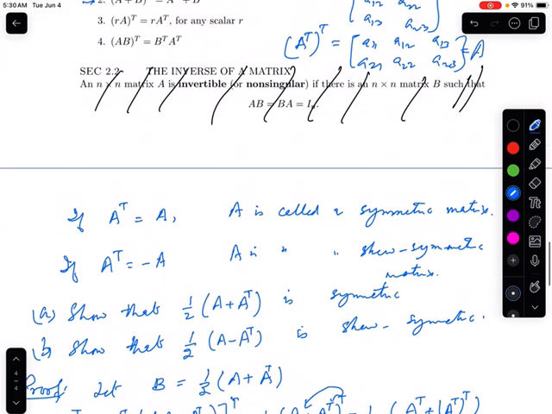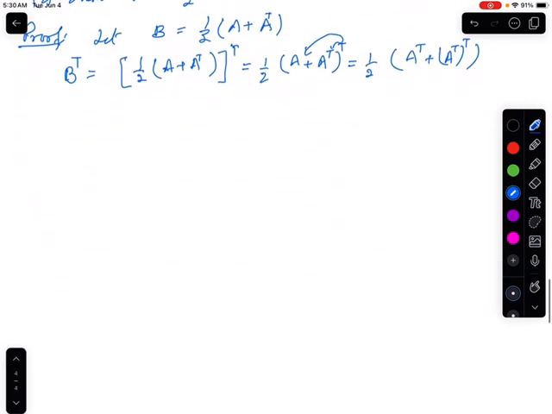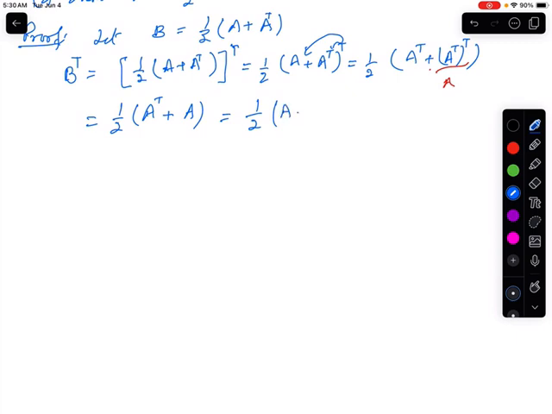But from the previous properties, the transpose of a transpose gives us A. So this one here is A. So we end up getting 1/2 times (A transpose plus A), which is the same thing as we know from before, which is the same thing as B. So it means the matrix B is symmetric.